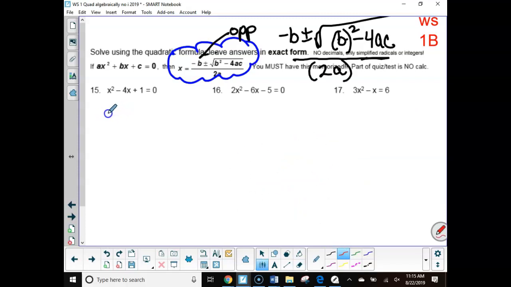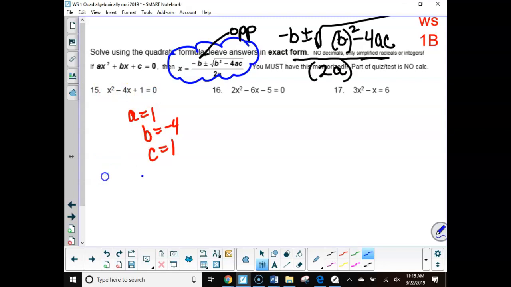I'm kind of going to write this out as I go. If I lift my pen, it's going to be chaos. Opposite of B, well, let's write it down for our notes. A is 1, B is -4, and C is 1 on this one. Just to be clear where we're getting those.